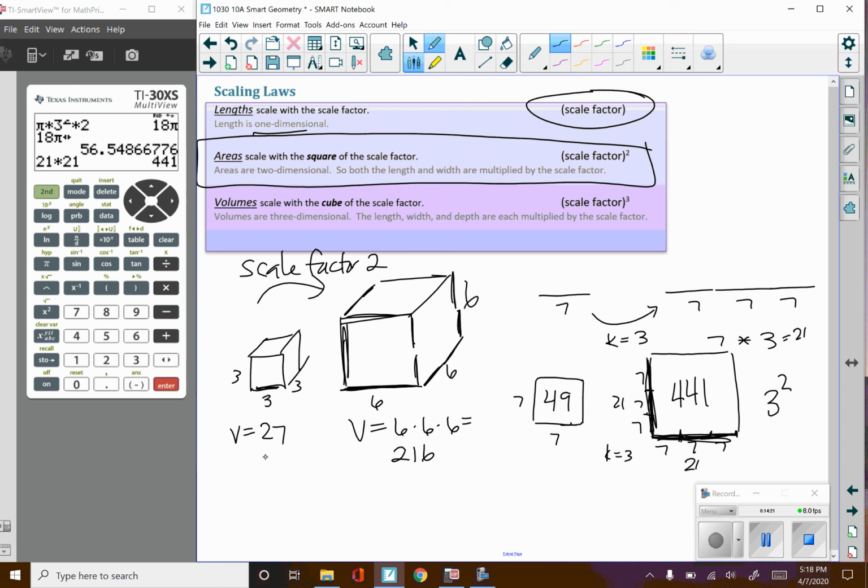So the volume did not get multiplied by 2. The volume got multiplied by 2 to the third power. The height got doubled, the width got doubled, the length got doubled. It got doubled in 3 dimensions, so 27 times 8 is what gives me 216.